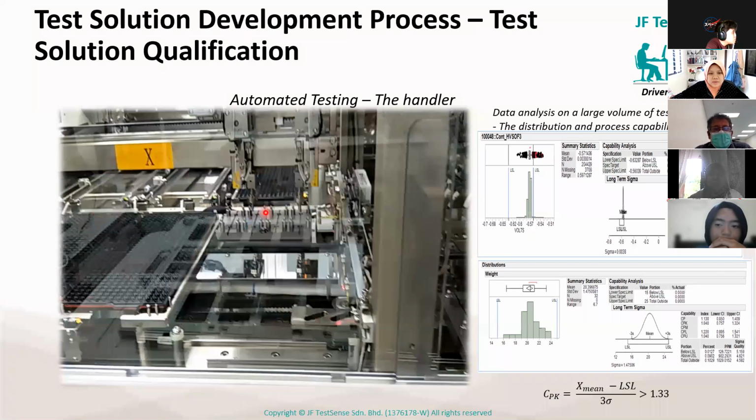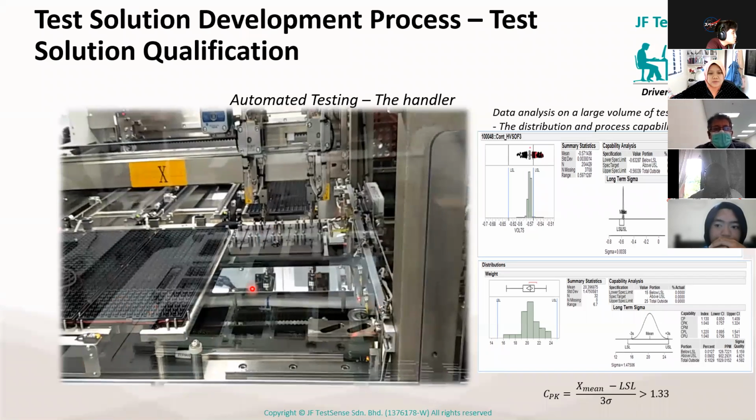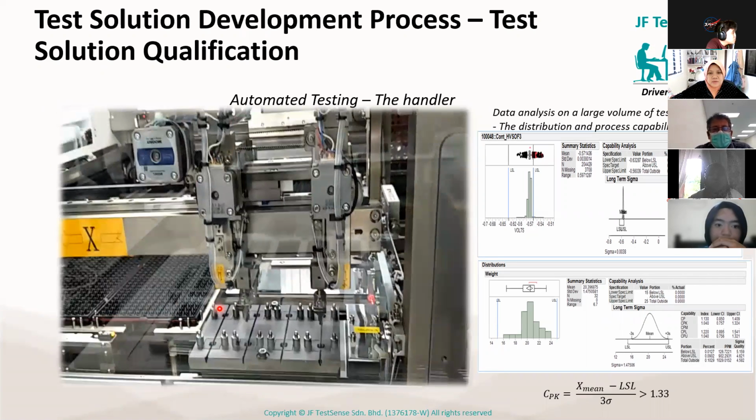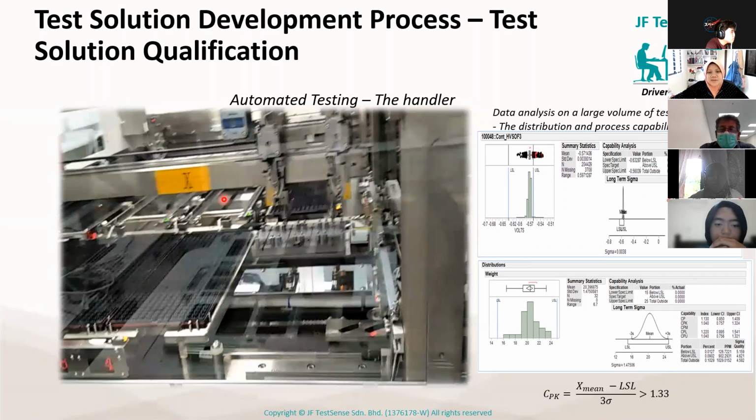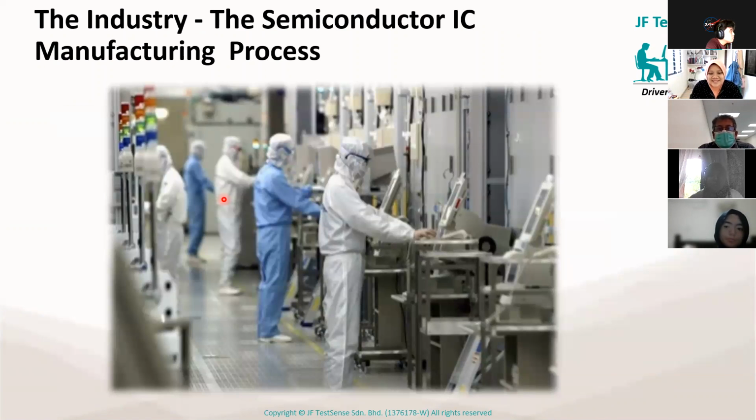At the output side, it will be segregated into good devices and bad devices. So this is the high volume manufacturing that is done after the qualification process.